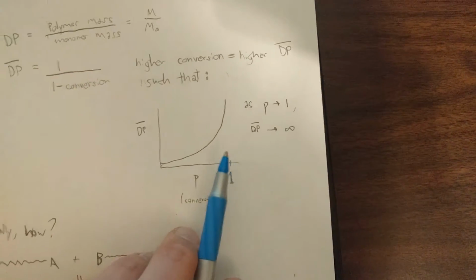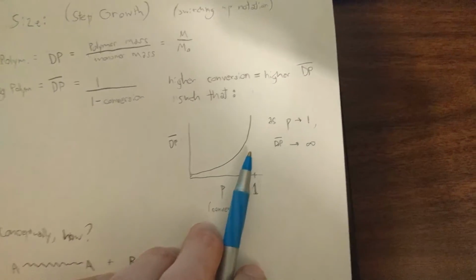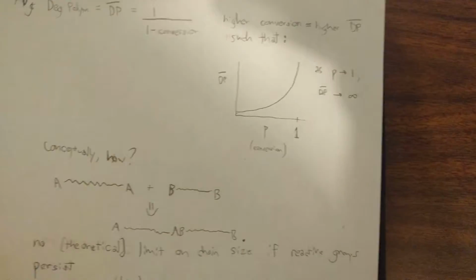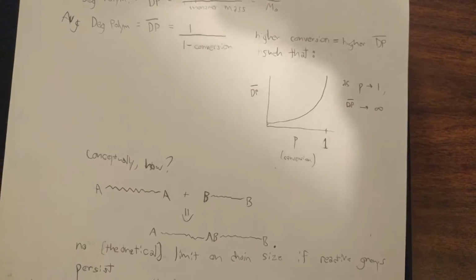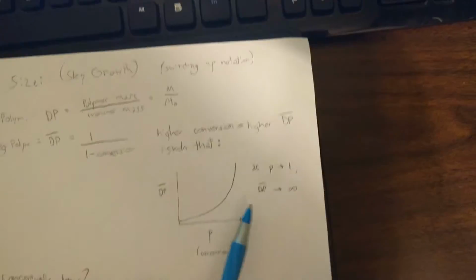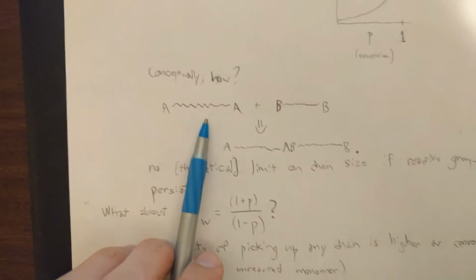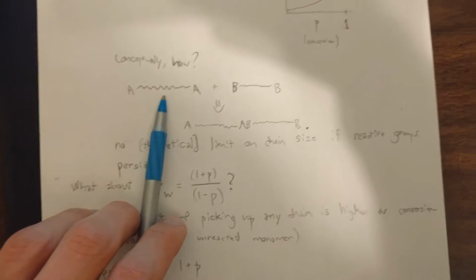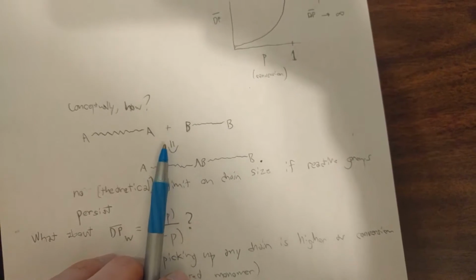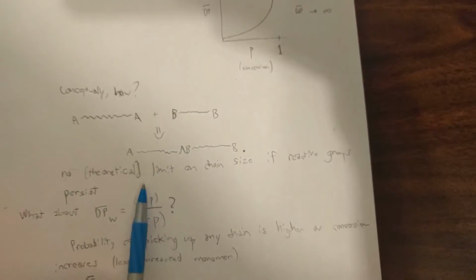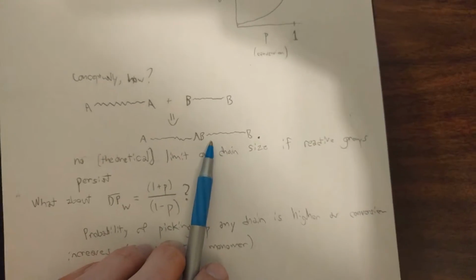So as we approach very high conversions, the large chains can still react with each other, and they're the only entities left. So when we get to these high conversions, these large chains cause the degree of polymerization to rise extremely quickly because there are still long chains that combine with each other and double in size.